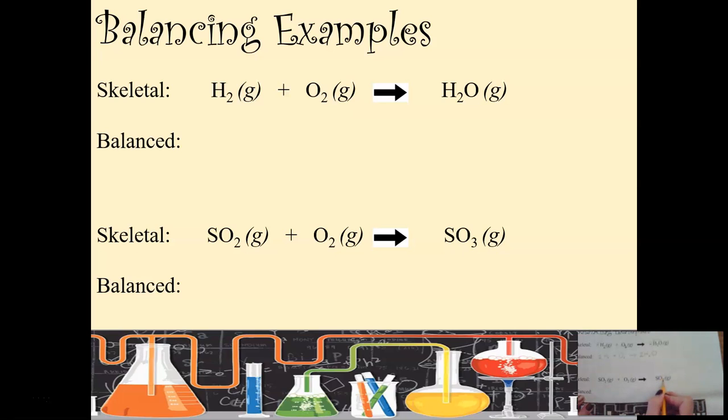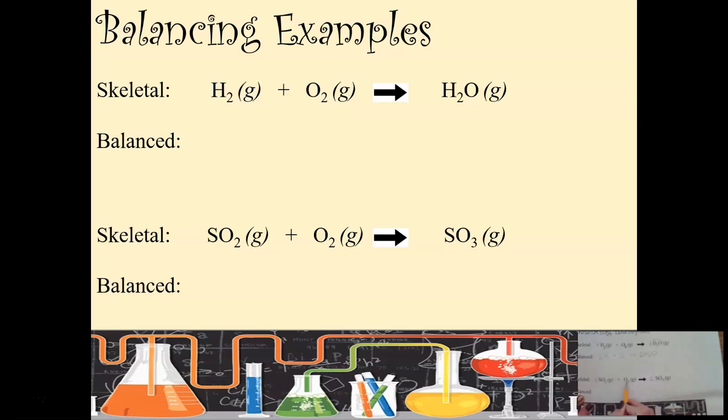The easiest, quickest way to even up an odd number is to multiply by 2, and we just see how that works out. So I now have 6 oxygens in my product. Well, over here I have 4 oxygens in my reactant. But look, if I do 4 oxygens plus 2, how many is that? Well, that's 6.